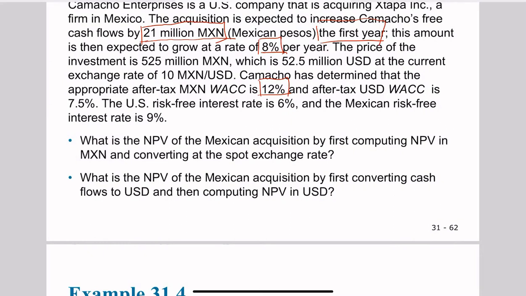Let's find out the first year forward exchange rate. It would be the spot rate times the interest rate in Mexico divided by the interest rate in the US.